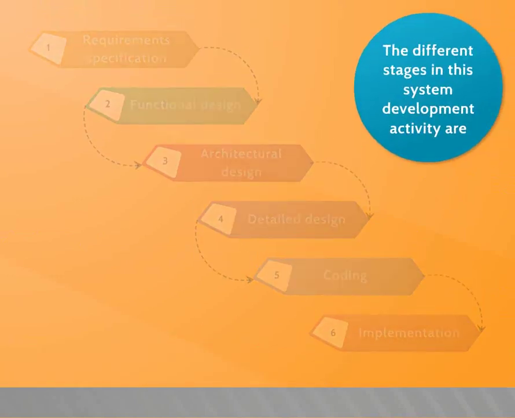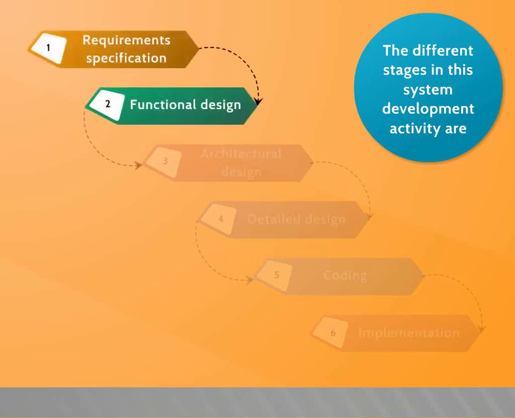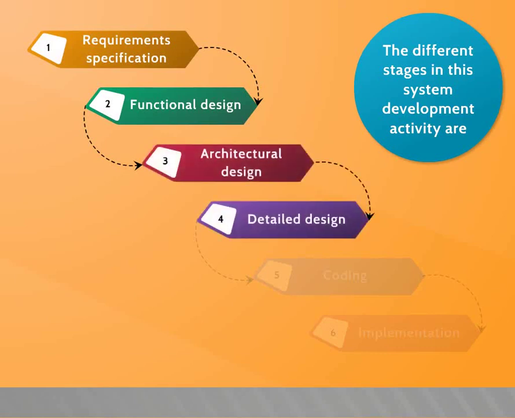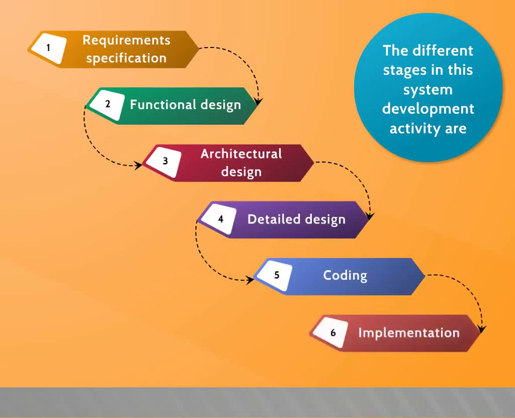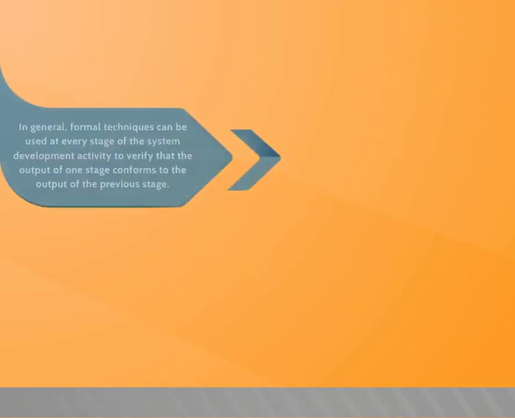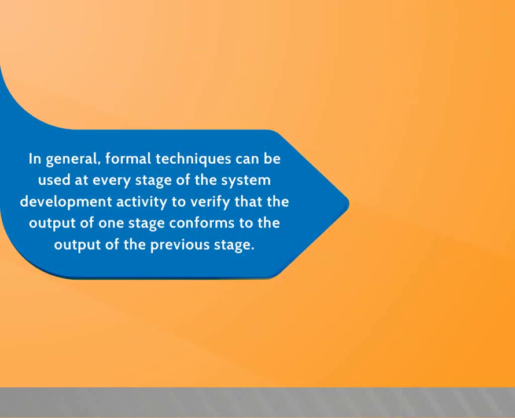The different stages in this system development activity are requirement specification, functional design, architectural design, detailed design, coding, implementation, etc. In general, formal techniques can be used at every stage of the system development activity to verify that the output of one stage conforms to the output of the previous stage.